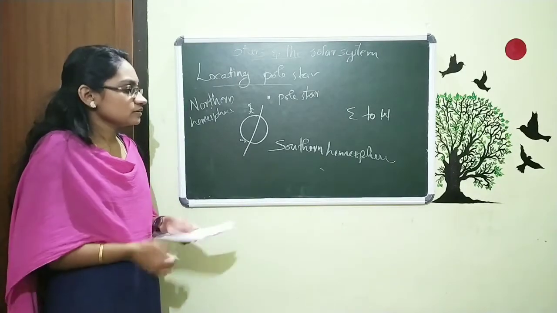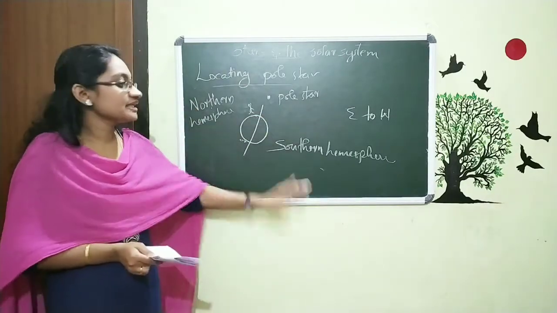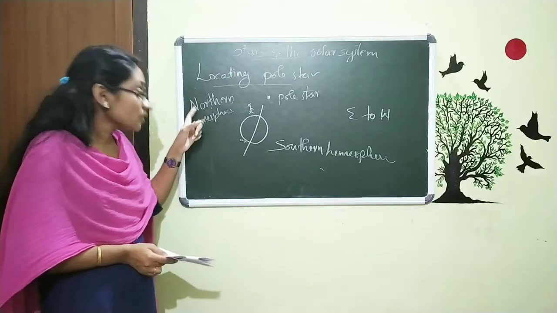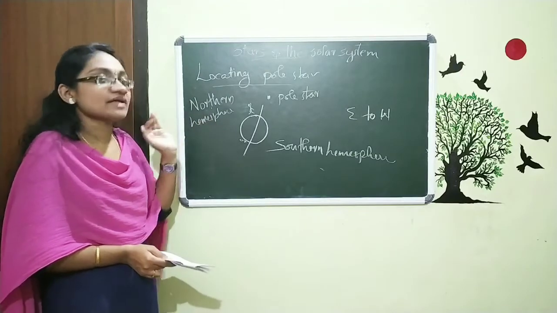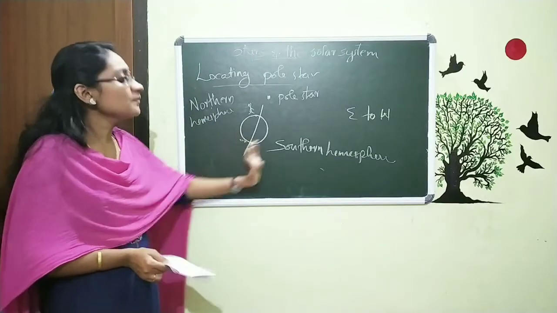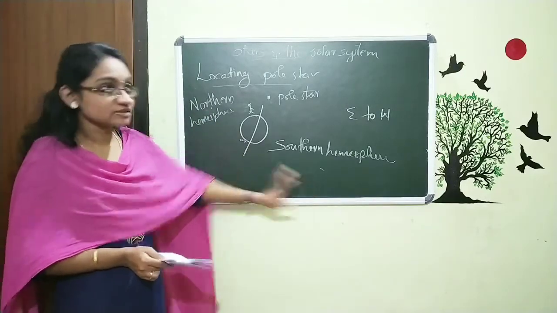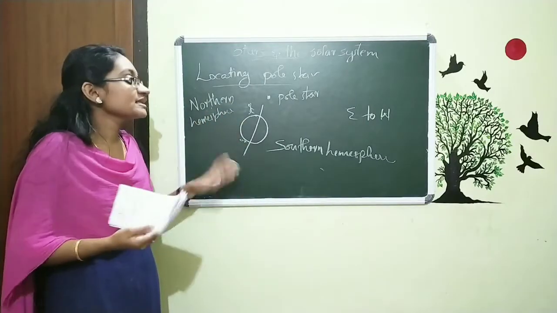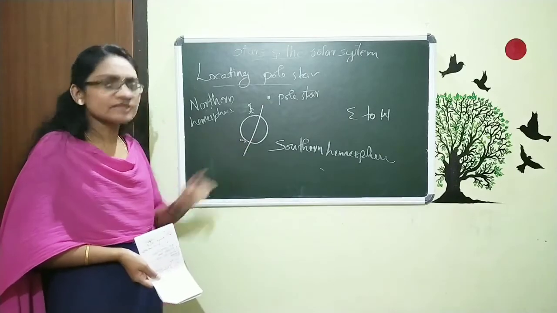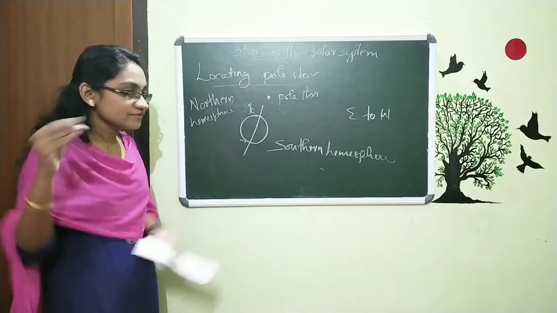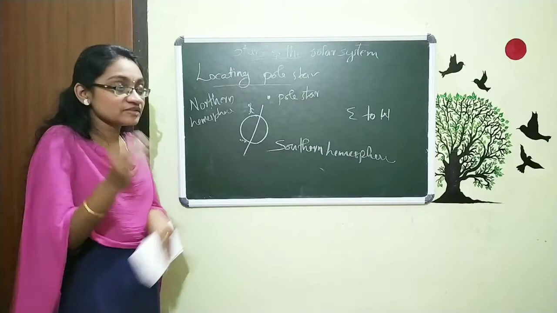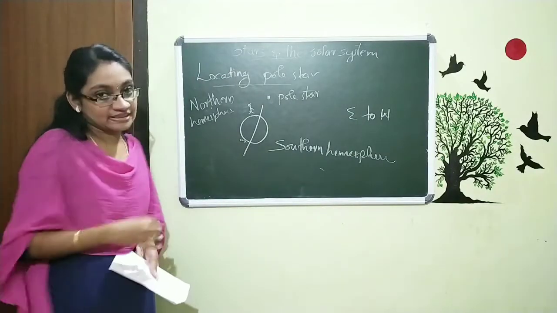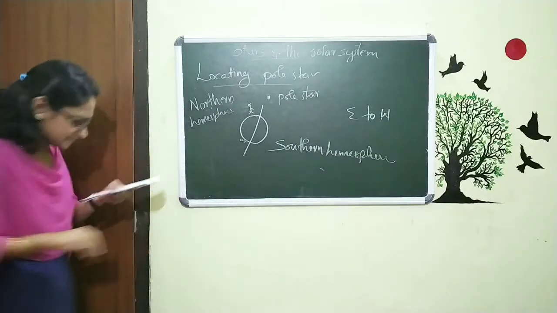The pole star is not visible in the southern hemisphere, and some of the other northern hemisphere stars are also not visible from some points of the southern hemisphere. So just remember that some of the stars we see in one place we cannot see in another. That means we are in a particular location and we have a certain limit to see the stars in the sky. Just put that in your mind.